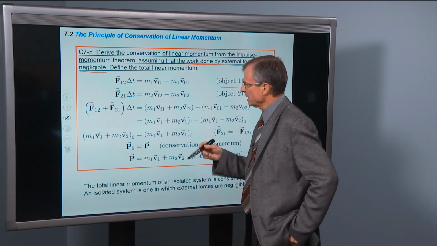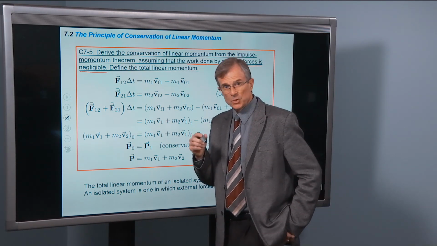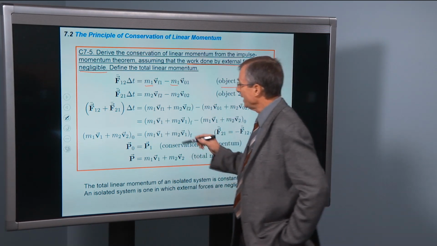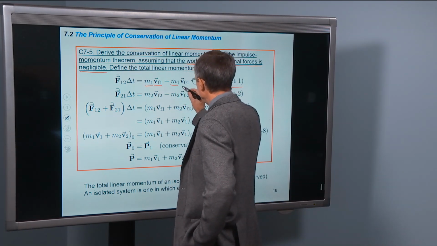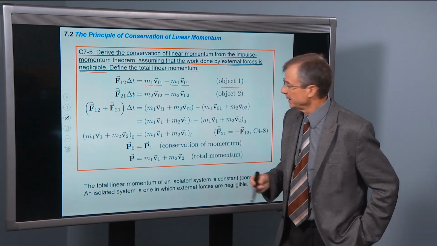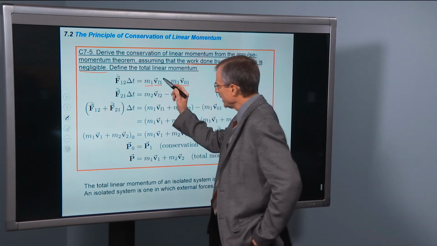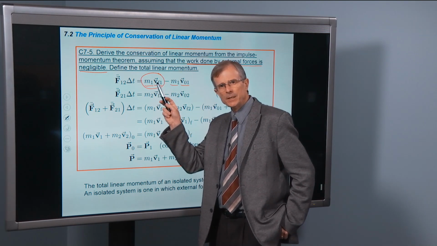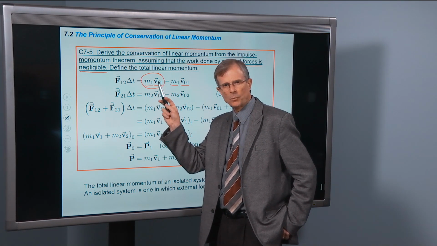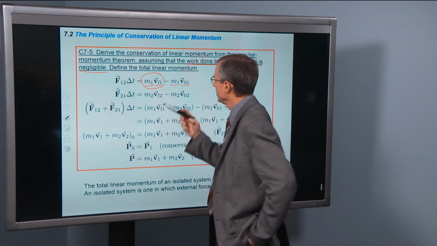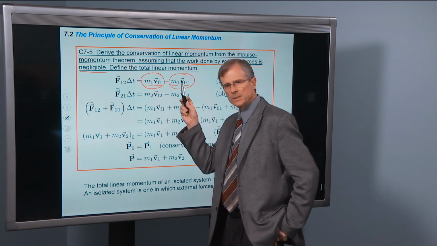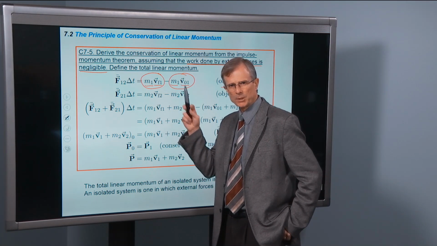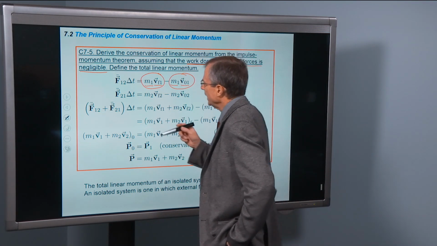So these are the forces on Object 1. And so we'll need the mass of Object 1 to appear and the final velocity and the initial velocity of Object 1. So this right here is the final linear momentum of Object 1, just after the collision. This is the initial linear momentum of Object 1. Perfect.